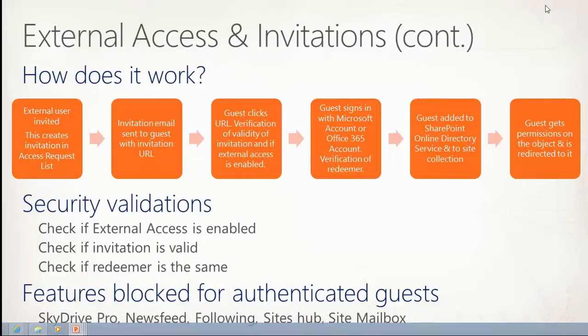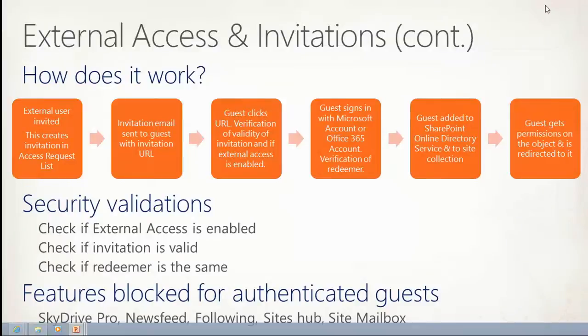The user clicks on the link on the other side. He lands on a page that we've created. The page is called acceptinvitation.aspx. It's an anonymously accessible page in every SharePoint Online site collection. Now, this page has a bunch of logic on it for security validation. So it checks a couple of things. It checks if the invitation URL that the user is coming through is actually a valid URL.